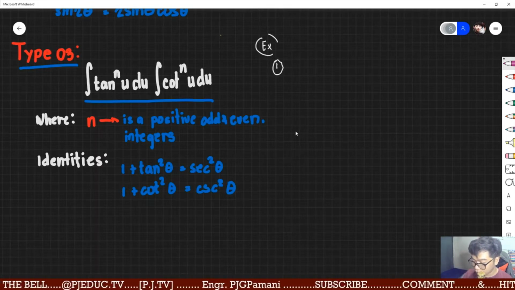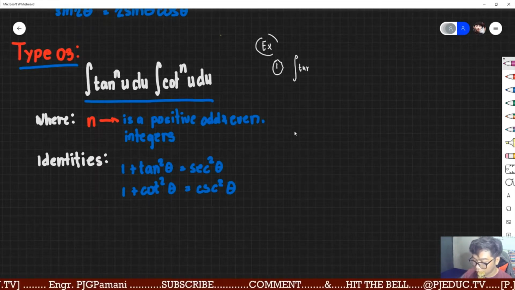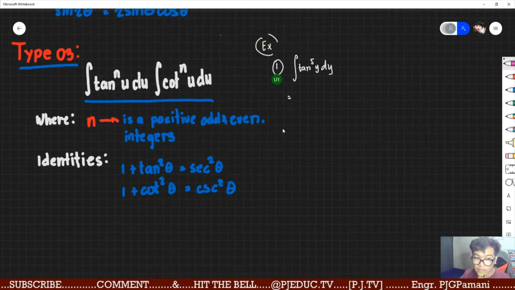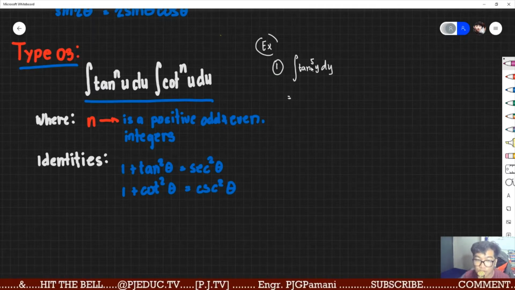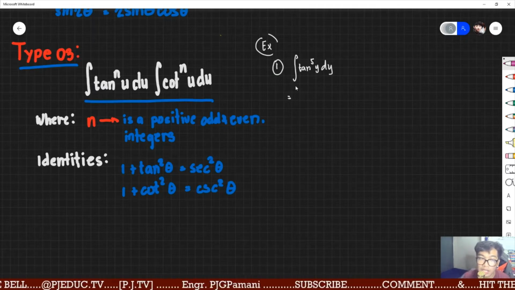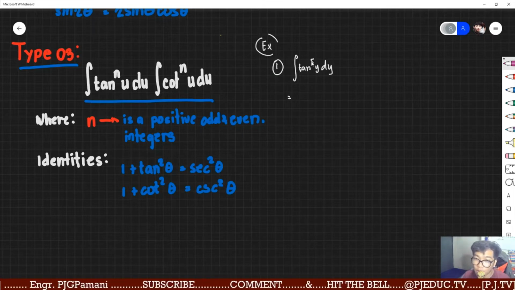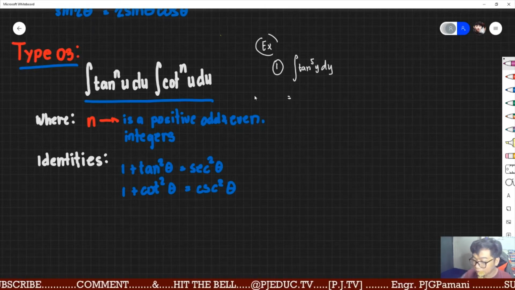You're now given the indefinite integral of tangent raised to the fifth y dy. Evaluate the given indefinite integral. Remember, the exponent should be a positive odd or even integer. Given it is positive and an odd integer, we can apply the transformation involving type 3.